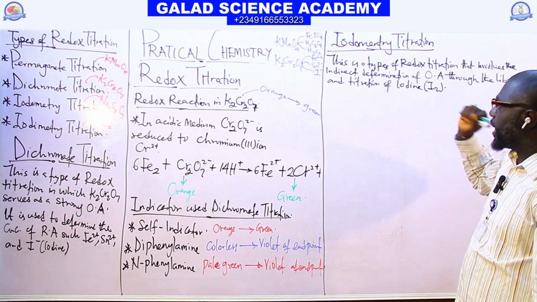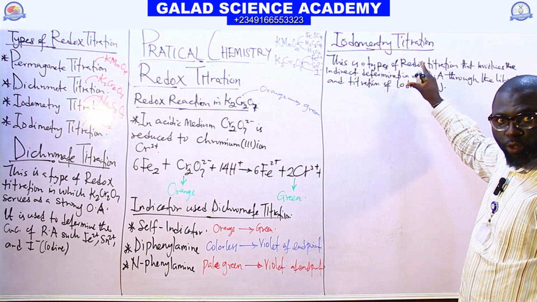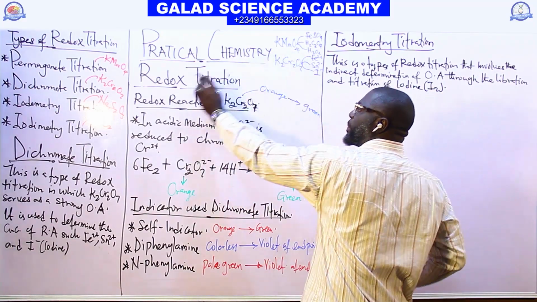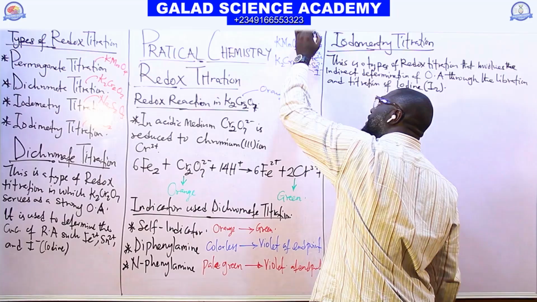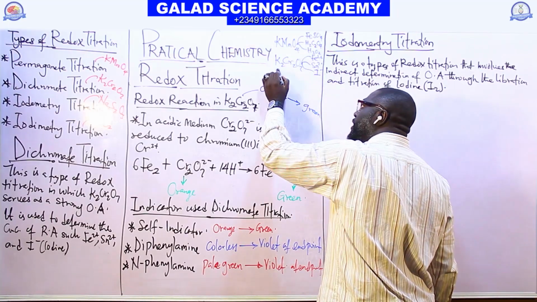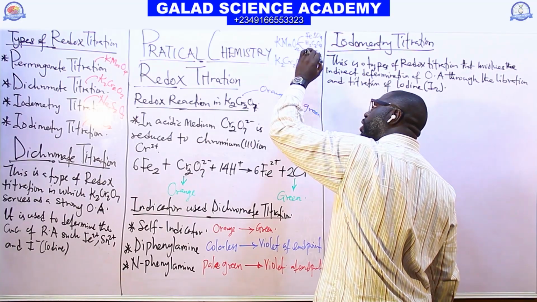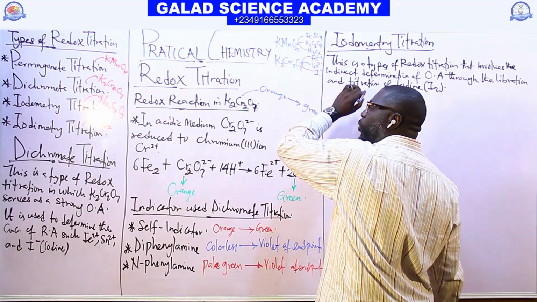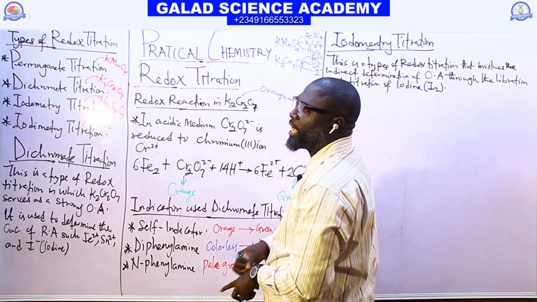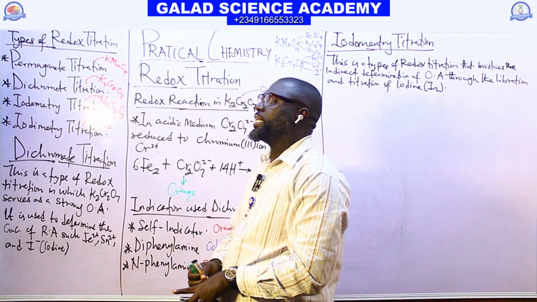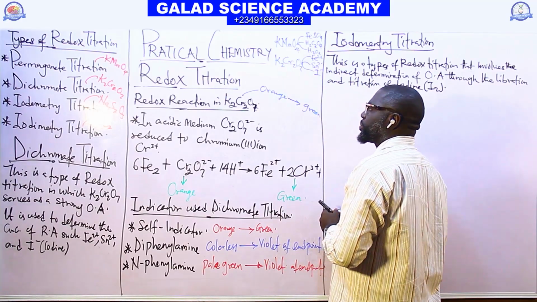So I will continue. Let me establish one fact here too. I said the function of this permanganate, KMnO4, is to estimate iron or tin or iodide. What is the function of iodometric titration?